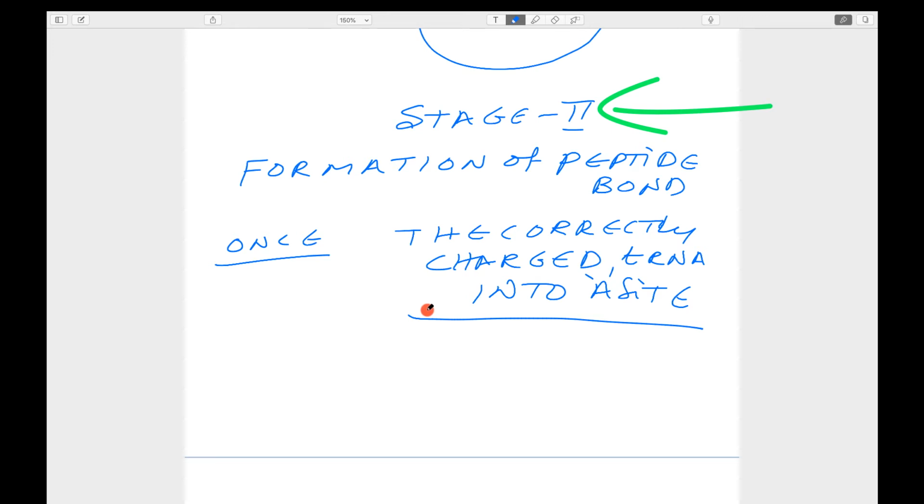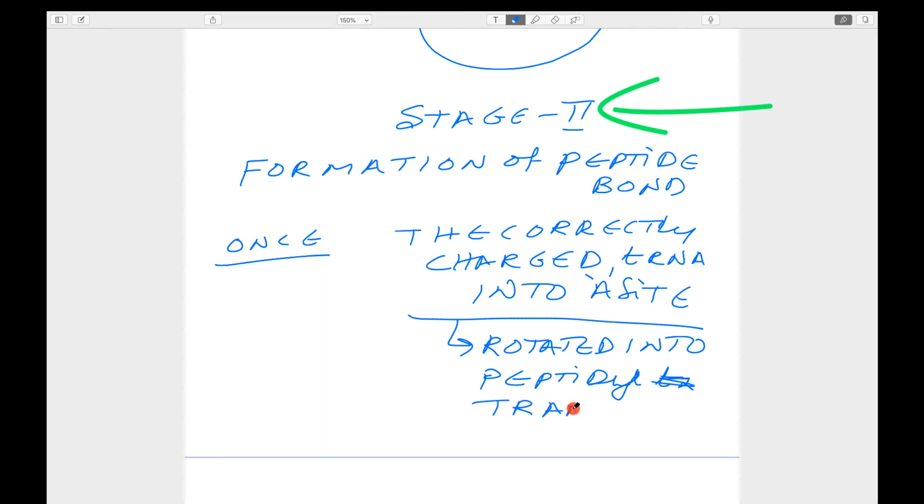This place rotated into peptidyl transferase. Peptidyl transferase, an enzyme. What type of enzyme? It is a ribozyme.